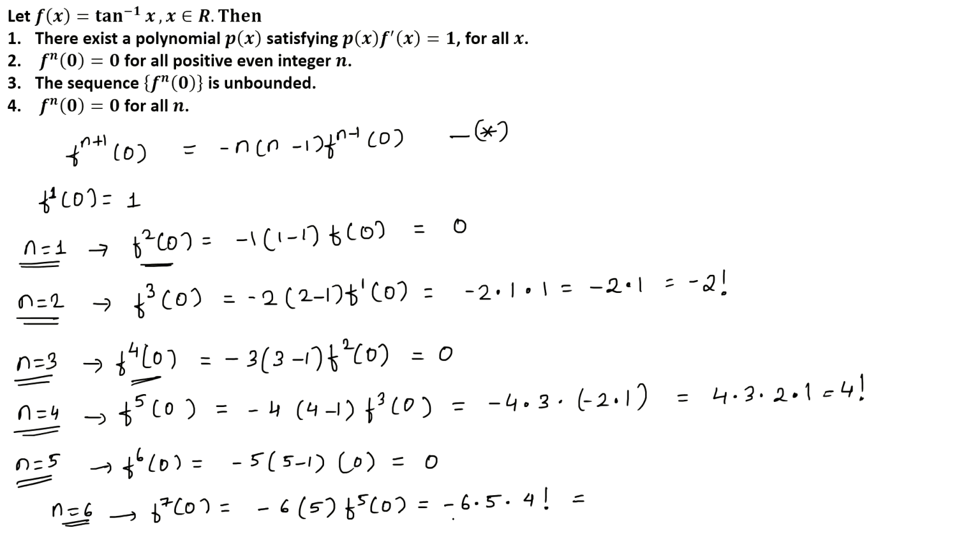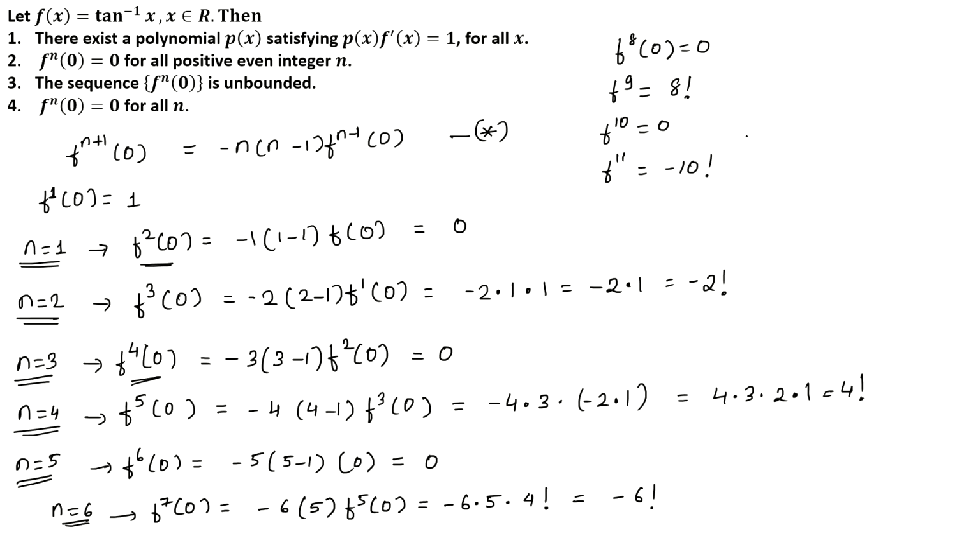So this is clearly −6 factorial. Similarly, if you see the pattern, we will get f_8(0) equal to 0, f_9(0) will be equal to 8 factorial, f_10(0) will be equal to 0, f_11(0) will be equal to −10 factorial, and so on.